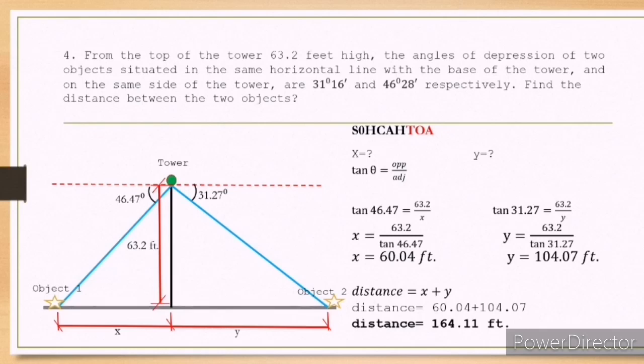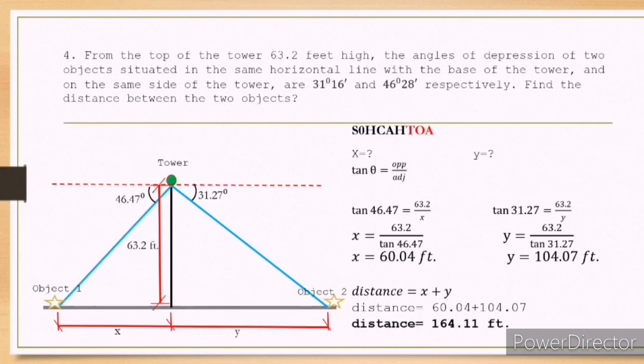So 31 degrees 16 minutes is 31.27 degrees. Then 46 degrees 28 minutes is 46.47. So tan 46.47 is equal to 63.2 over x. Then x is equal to 63.2 over tan 46.47.